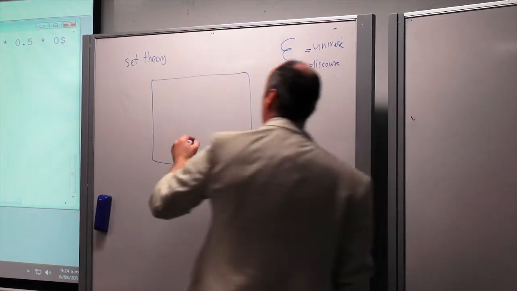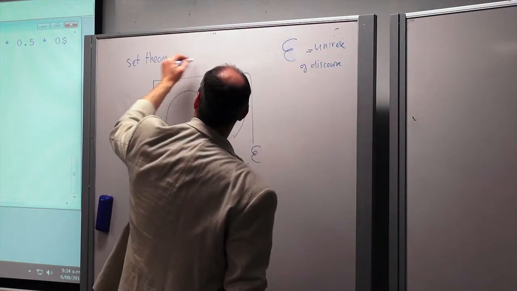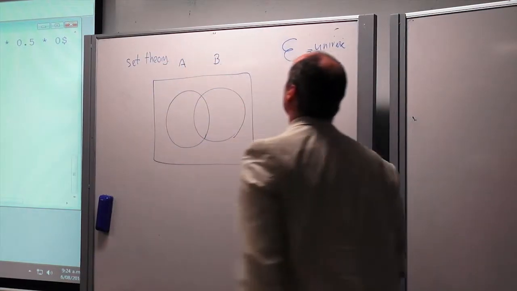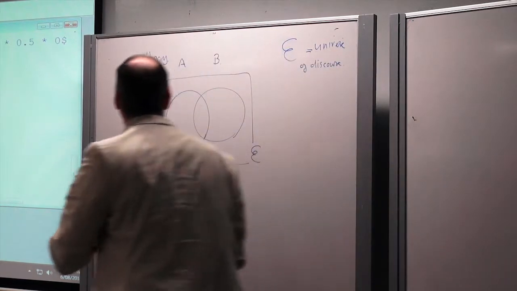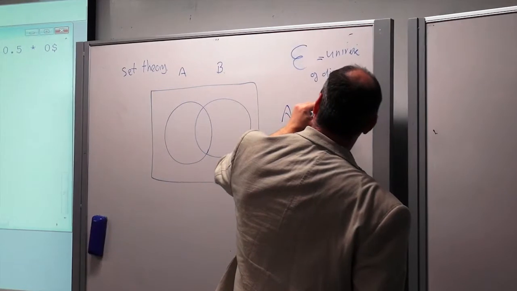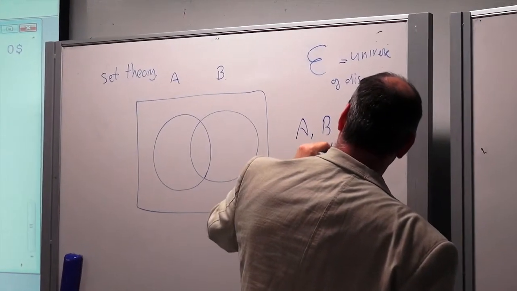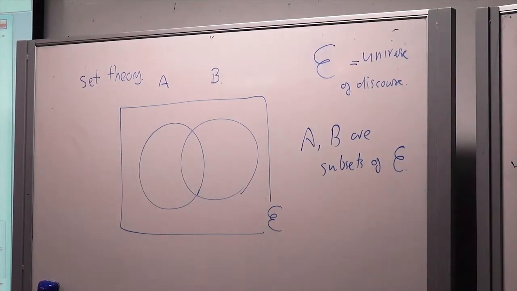Okay, and I might have two sets in here. That one's A and that one's B. And A and B are subsets of everything.